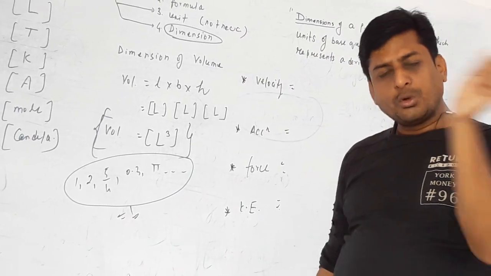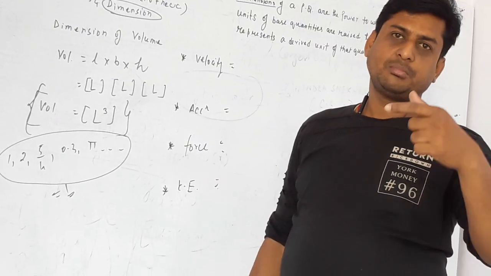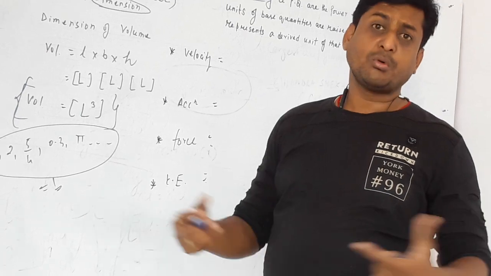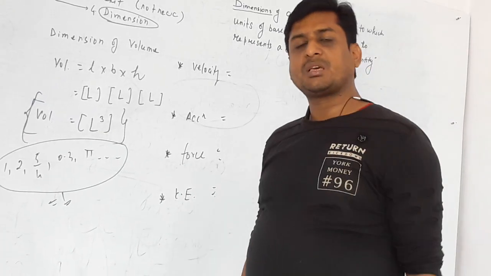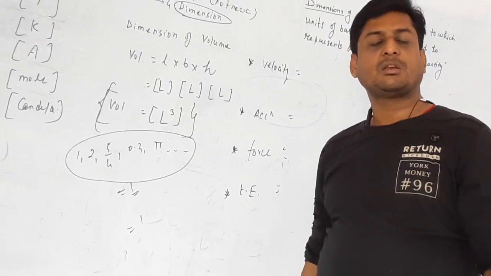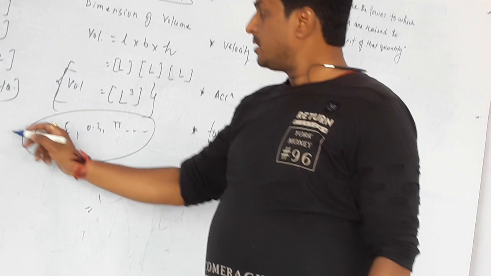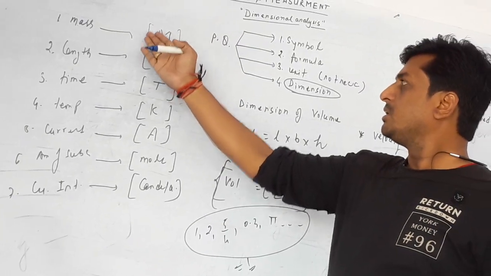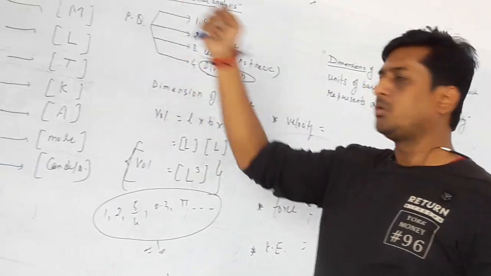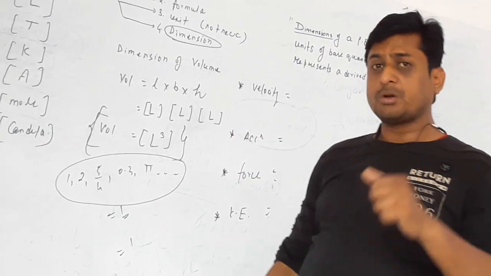Dimension of unitless physical quantities, because there are so many unitless physical quantities like refractive index, with no unit. So if such physical quantities are there, then their dimension is also 1. Unitless physical quantities' dimension is always 1. One thing I have told you here also, that when you write the dimension, put the square brackets. The first property, second property, third property. What is the fourth property?